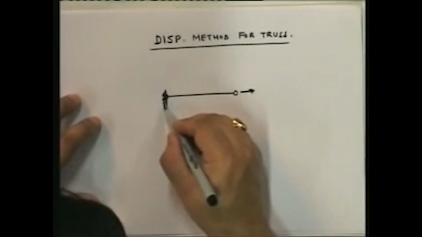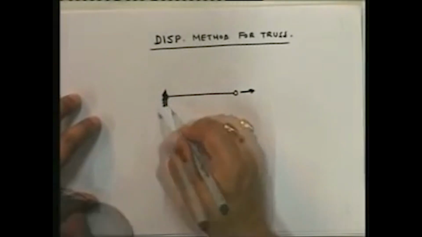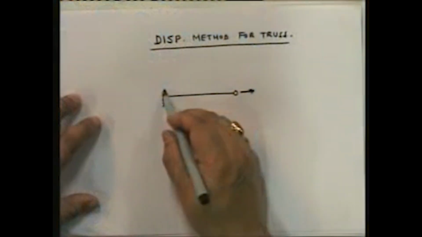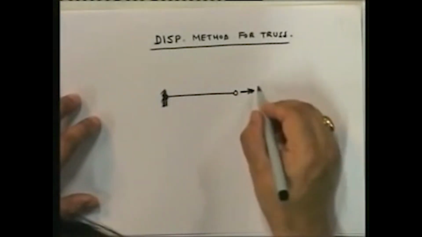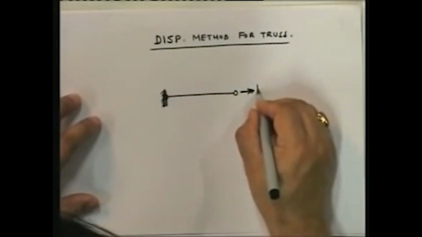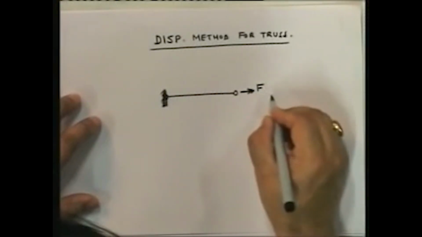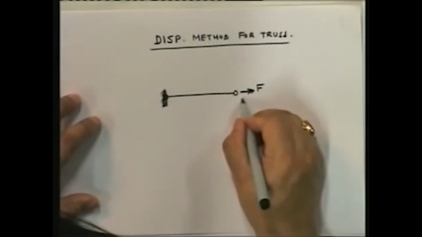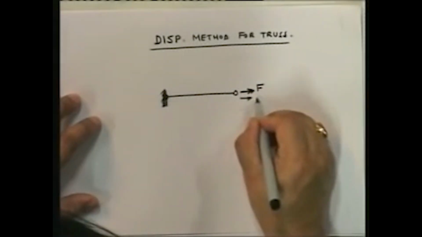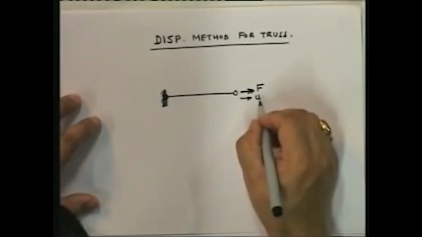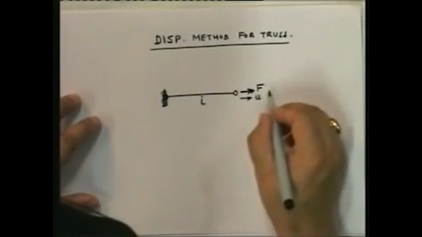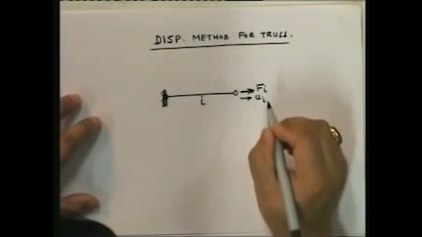Just like I considered the simply supported beam, which was the simplest statically determinate flexural member, I'm going to consider the simplest statically determinate axial member, a truss member. So here I have load F, and due to this I have a displacement U. Since this is member i, I'll call this force Fi and member i.